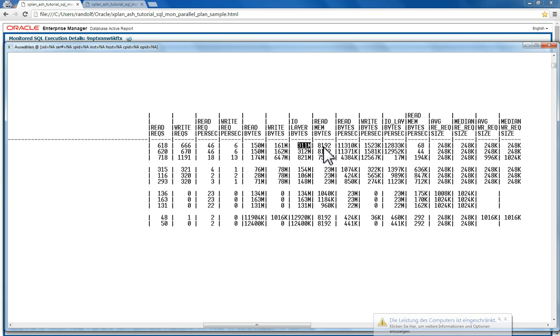This does not include direct path reads and writes. So this is only about the amount of data that was actually accessed via the buffer cache. And the same figures then also show up here with this per second information.